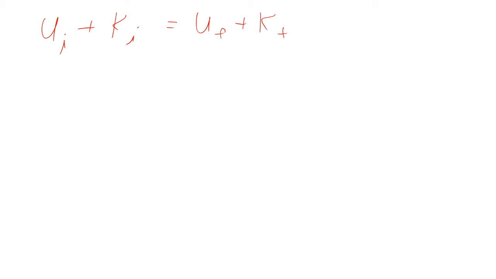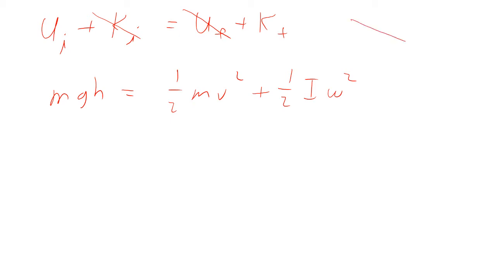Again, we can put the final potential at 0, put the initial kinetic at 0. So mgh equals 1/2 mv squared. It looks just like before, except it's also rotating. So when it reaches the bottom here, it's rotating.